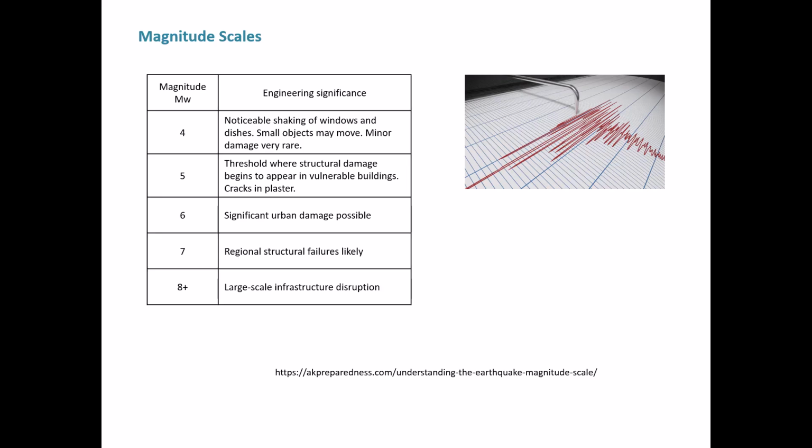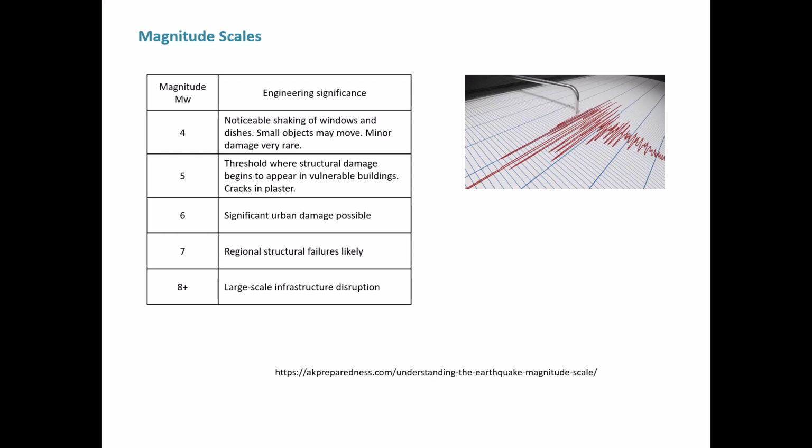Some more about magnitude scales. If we have a magnitude of 4, then there might be noticeable shaking of windows and dishes. Small objects may move. Minor damage is very rare. Now, we also have to consider how far away this location is from the epicenter of the earthquake. We'll talk about the relationship between distance and effects in more detail in an upcoming slide.